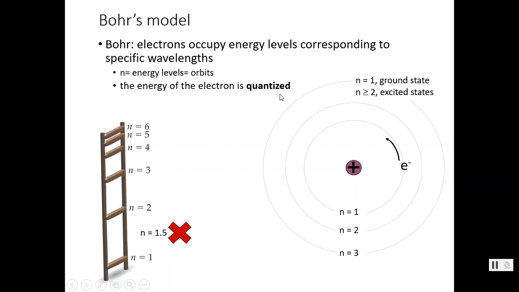It has specific values. The difference between energy values is not equal. The further away you get from the nucleus, the more energy you have, but the difference between energy levels decreases. Okay? So those are some tenets for the Bohr model.